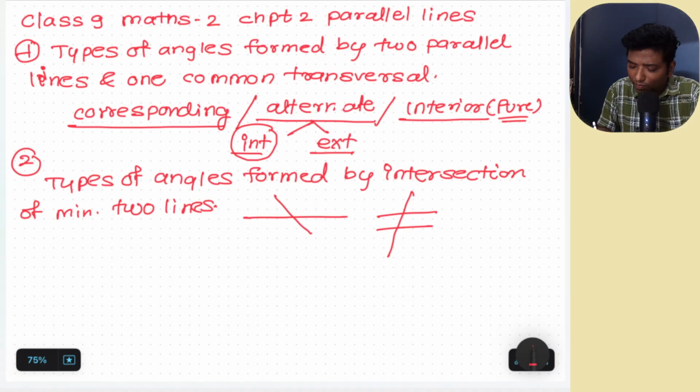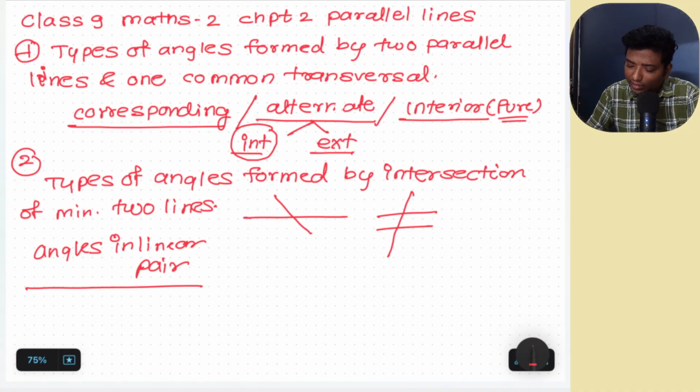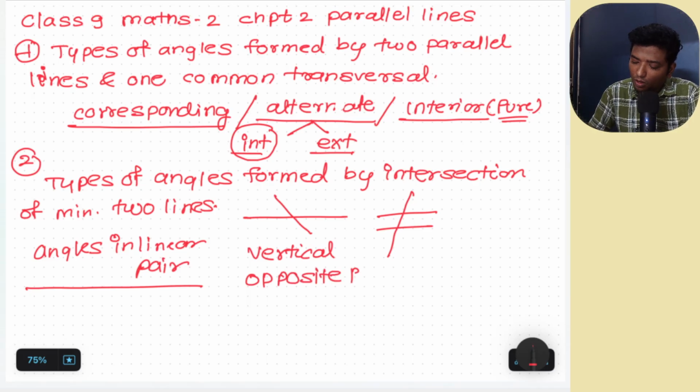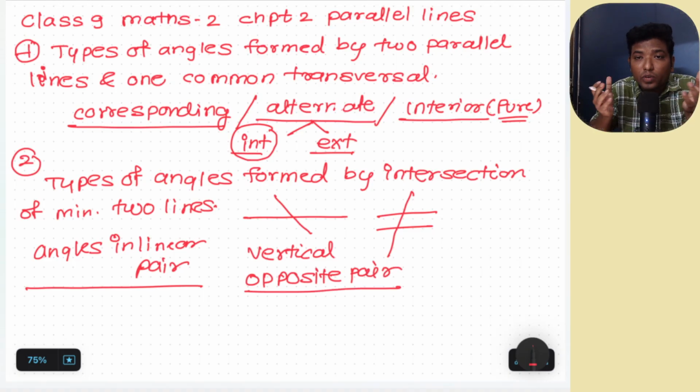In this type, we have two kinds: angles in a linear pair, and the vertically opposite pair of angles. So how many types do we have to study in total?